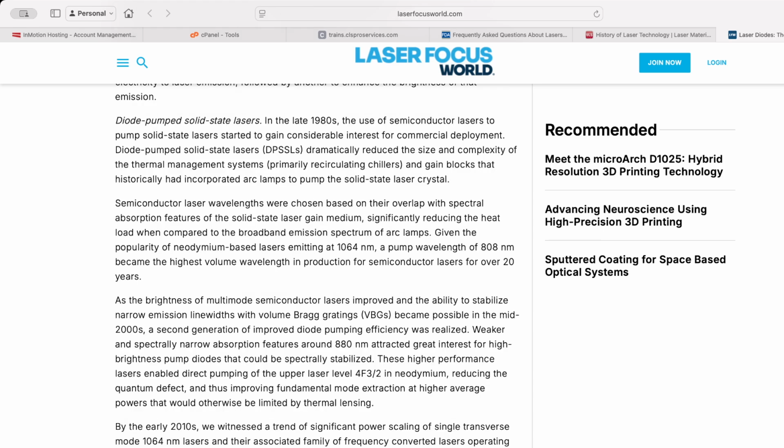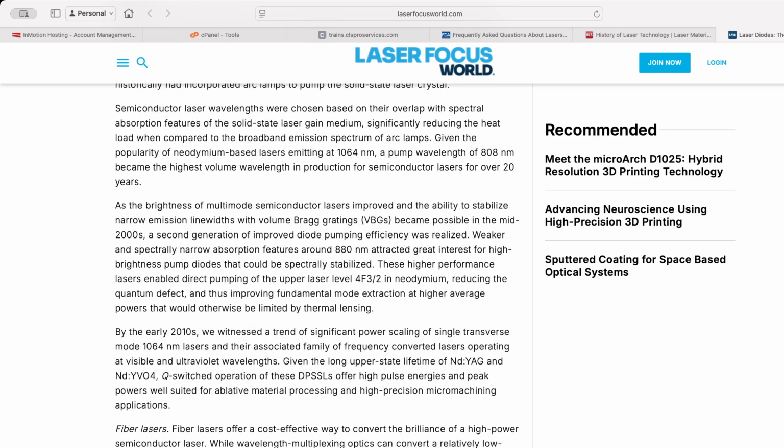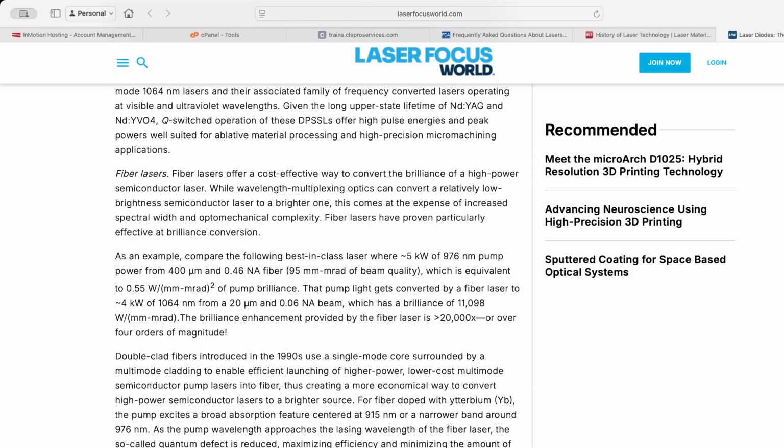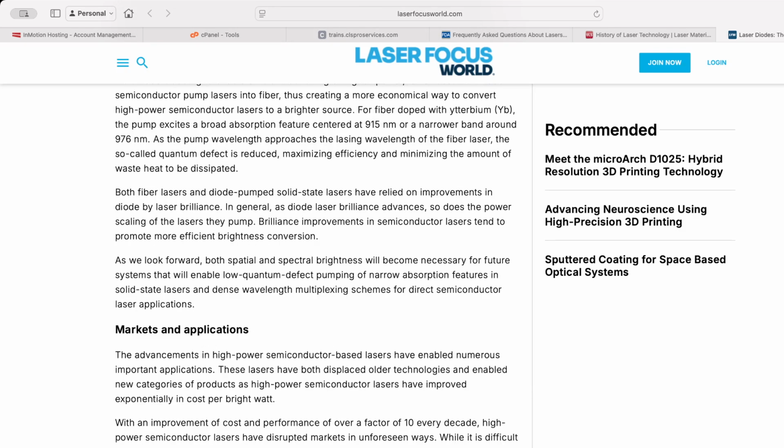And you can read it here. Fiber lasers offer a cost-effective way to convert the brilliance of high-power semiconductor lasers. And then they can do all sorts of things to take all this and do really good stuff. Fiber lasers and diode lasers have really improved and gotten stronger and able to cut more.